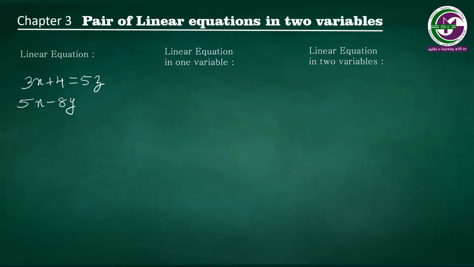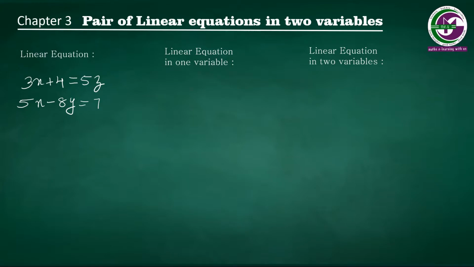When I equate this linear polynomial with another linear polynomial or any constant, 7, then 5x minus 8y equals 7 is a linear equation. So a linear equation means any equation where the degree of the variable is 1. The exponent of the variable is 1.